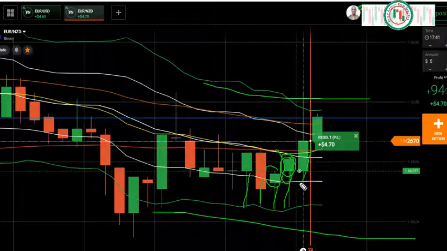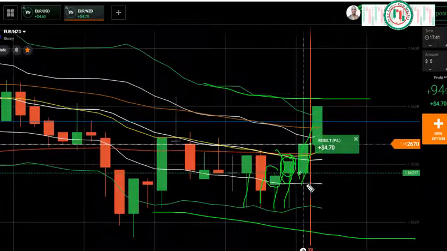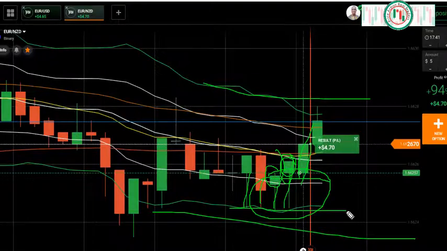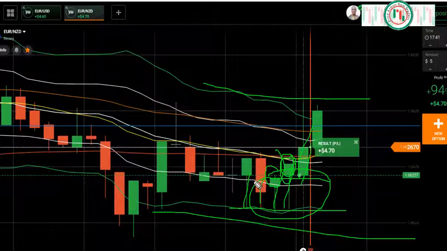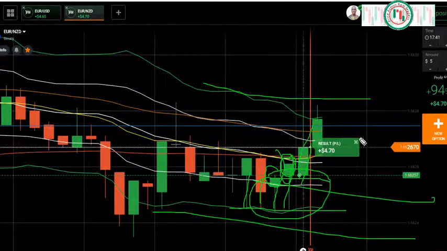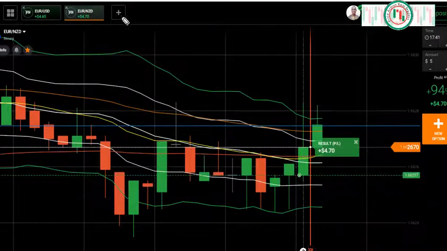So I know the next candle must be green because it is in the reversal area, in the lower 2 deviation and 1 deviation. So this is the reversal area.